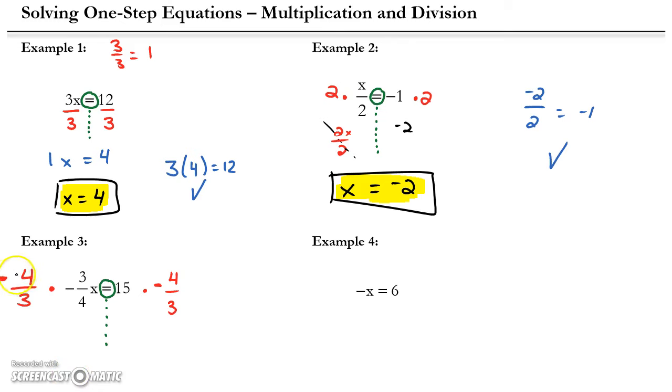When I'm multiplying fractions, I can multiply straight across. I get -4 times -3 is +12, and I get 3 times +4 is +12 times x. There's my 1x again. That gets me my x by itself on the left-hand side.